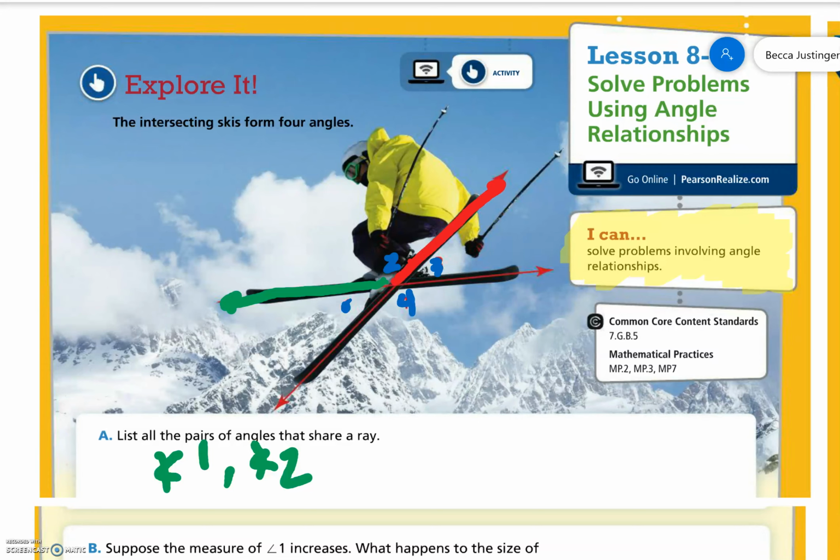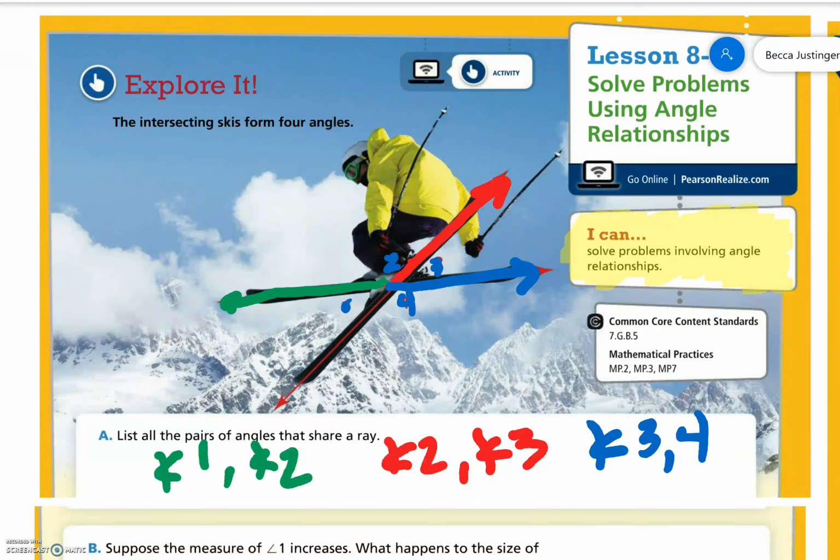Here's another ray. So that means angle 2 and angle 3 share a ray. Here's another ray. That tells me angle 3 and angle 4 share a ray. And lastly, angle 1 and angle 4 share.